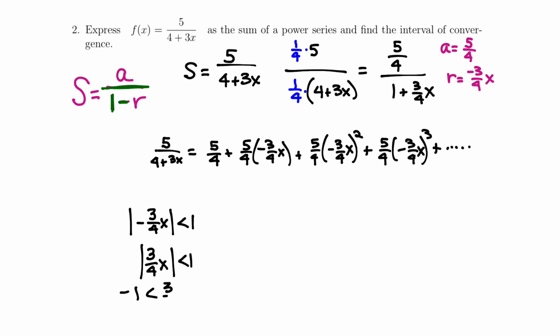And that means 3/4 x is bounded by 1 and -1. And that tells you that your interval of convergence, did you guys get from -4/3 to +4/3?